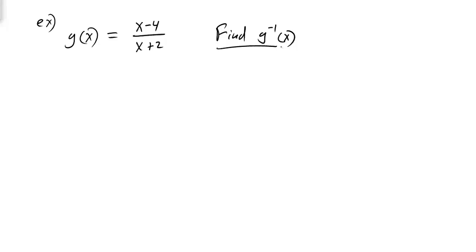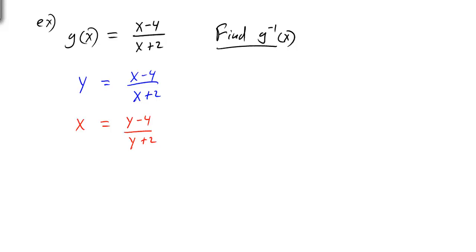If we go through the same steps we did before, g of x, well, we know that's really y equals x minus 4 over x plus 2. And then our step number 2 says that we're going to replace your x with y and your y with x. So therefore, we would end up with x equals y minus 4 over y plus 2.